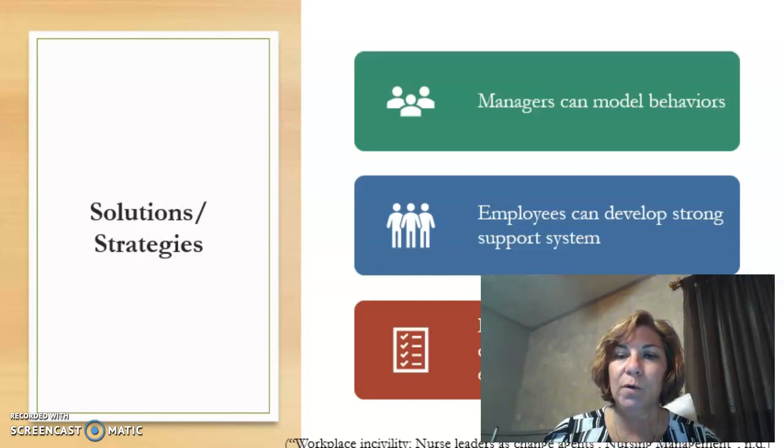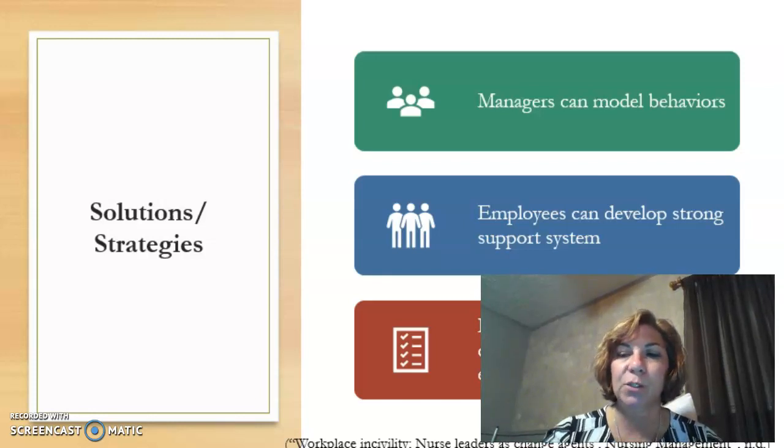And then also for employees and employers to review the expectations and develop a code of conduct and policies during onboarding, and review those as changes occur and keep updating those, and make sure that there is a zero tolerance policy out there for workplace bullying and incivility.